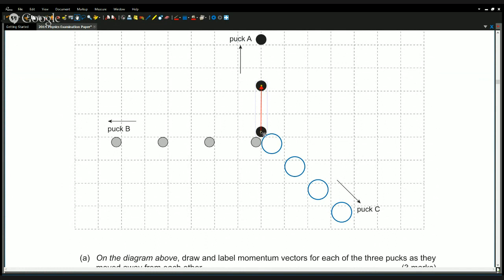The velocity vector can be just done between two adjacent positions because they're all the same amount of time. So distance over the same amount of time is your velocity. So that's a velocity vector there for puck A. And because puck A and puck B are just joining adjacent ones, whereas puck C I'm going to join two. The reason for that is because it has twice the mass.